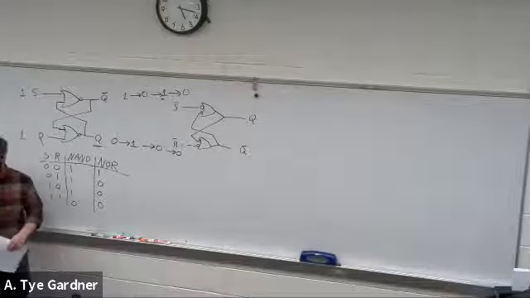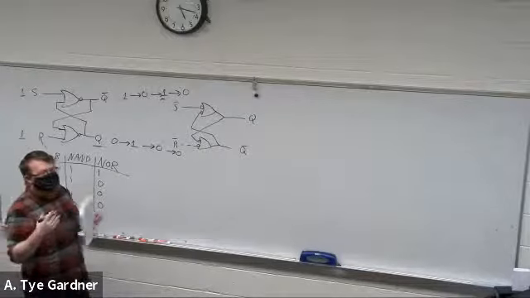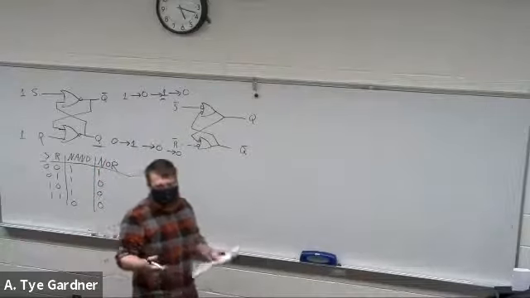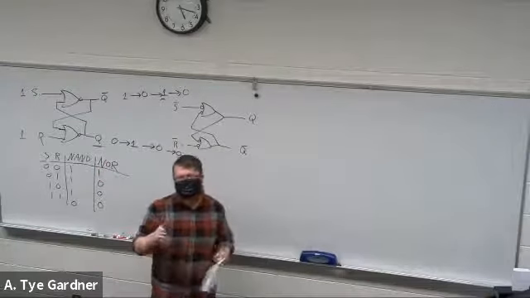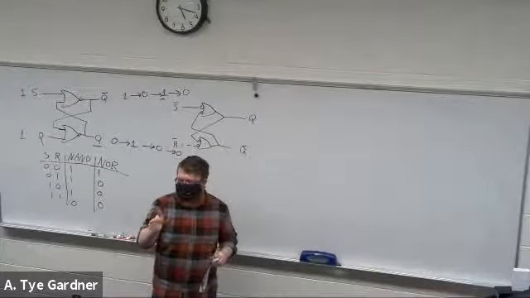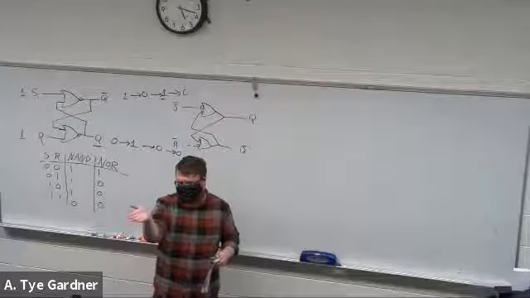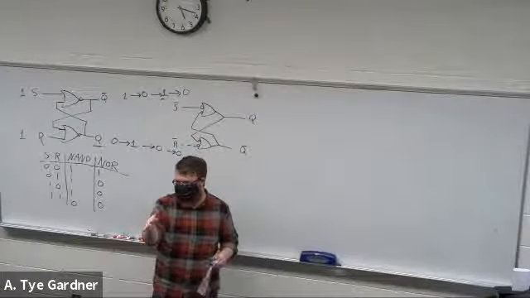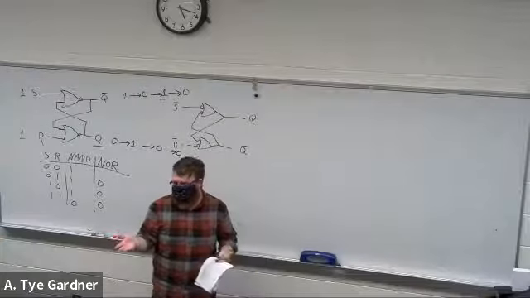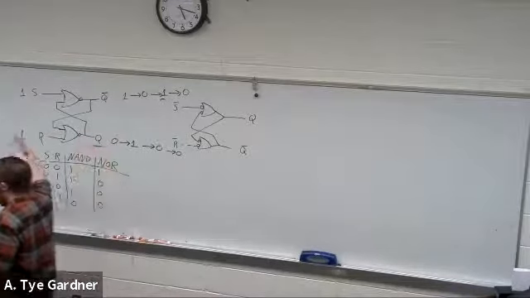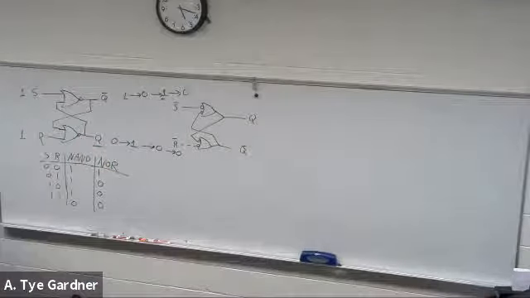But if it's the same time, we enter a metastable state, meaning we don't know what it is really. It's kind of like setting a card on its edge, and you only have true or false, and it's going to be one of those two. We just don't know yet. We don't know which one it is. So that's the issue with set and reset going low at the same time, it becomes undefined.